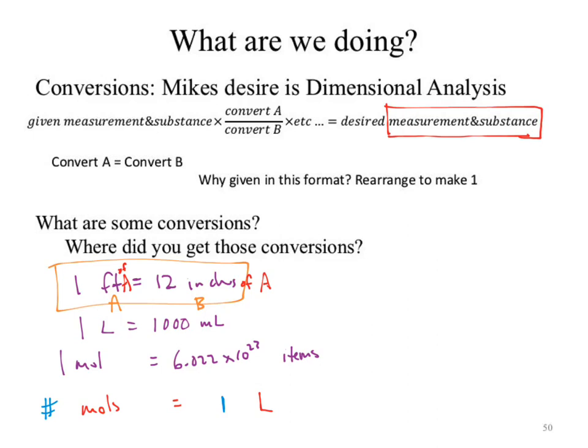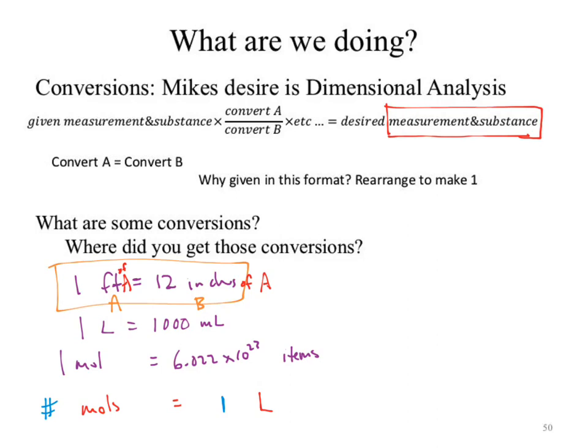Okay? So we could go through each of these and specify that extra substance behind it. Notice in all of these, we're going to have the same substance all the way through. Why would we have the same substance all the way through? Not necessarily. So why are all of these conversions going to have the same substance associated with them? Because you haven't converted substances yet, so they can all be converted with each other. When can you convert substance?